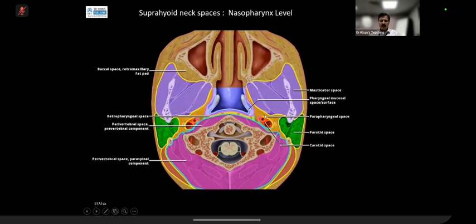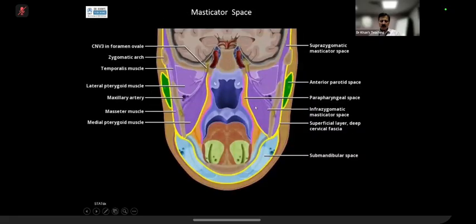It's quite central, and it is considered a landmark. So we will remember this concept and take it further. This is a coronal diagram which tells you that this is the masticator space, which touches the base of skull. We have already covered it. And this space here is the parapharyngeal space.